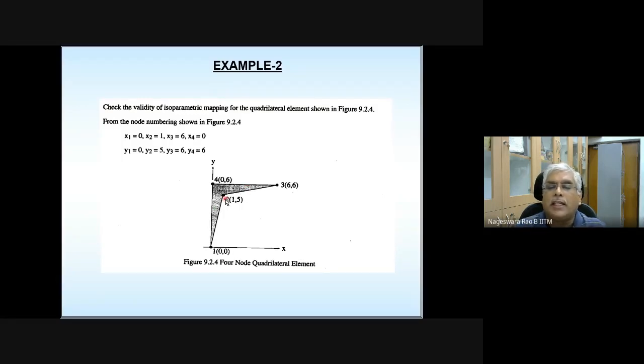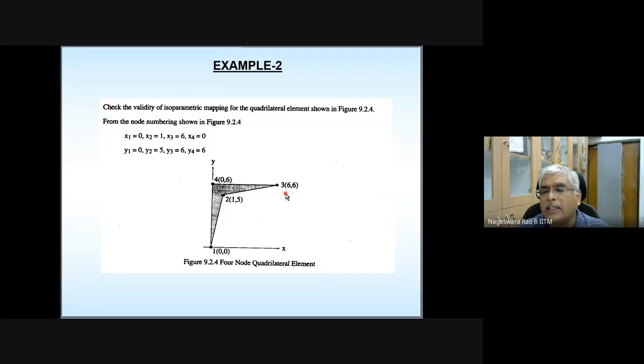The angle between the edge connecting nodes 2 and 3 and the edge connecting 1 and 2 is clearly greater than 165 degrees. And the angle between 2, 3 and 3, 4 is less than 15 degrees. Okay? You agree or not?